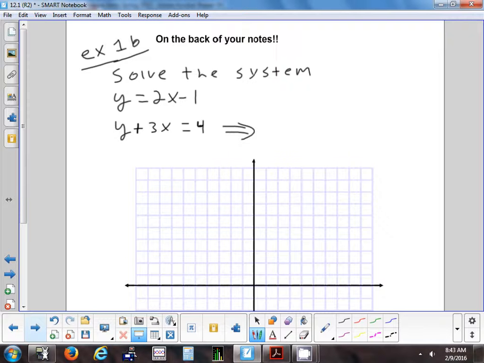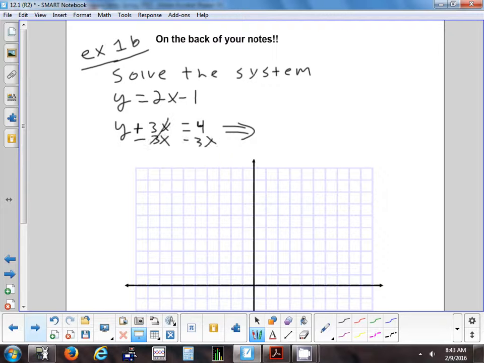Can someone tell me how we would move this 3x to the other side? Yep. We're going to subtract it. This is all stuff we've done before. We've gotten y by itself. It's just now we're graphing 2 lines instead of 1. It's the only difference.